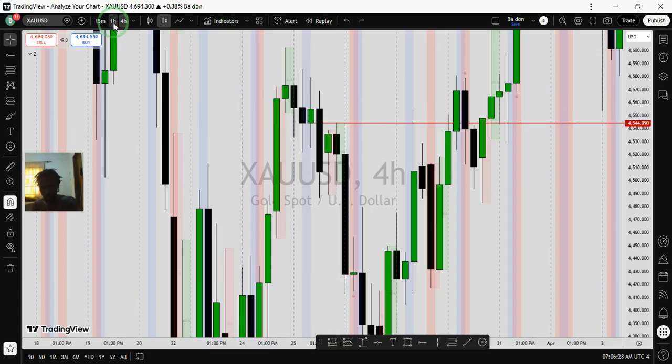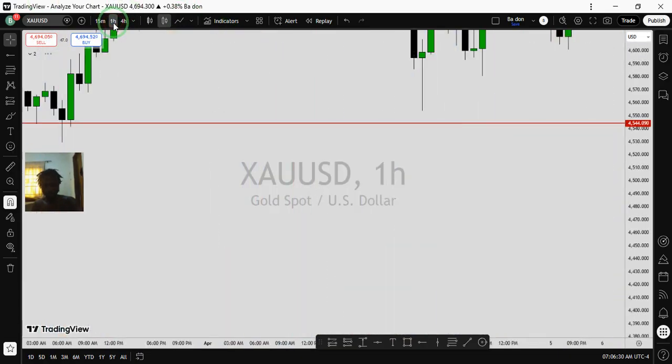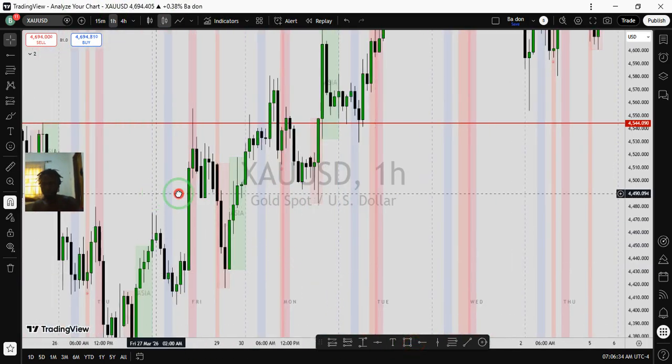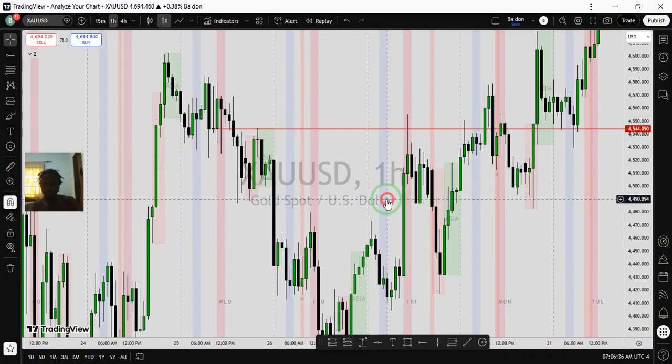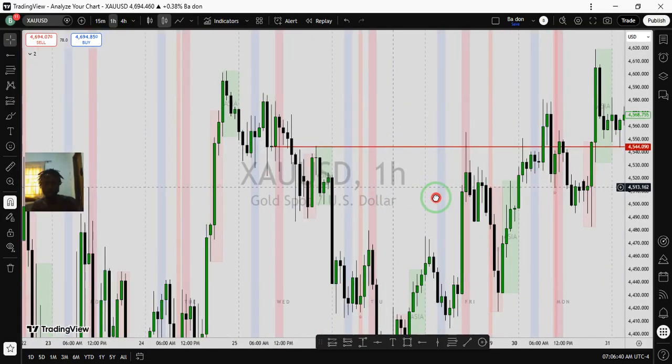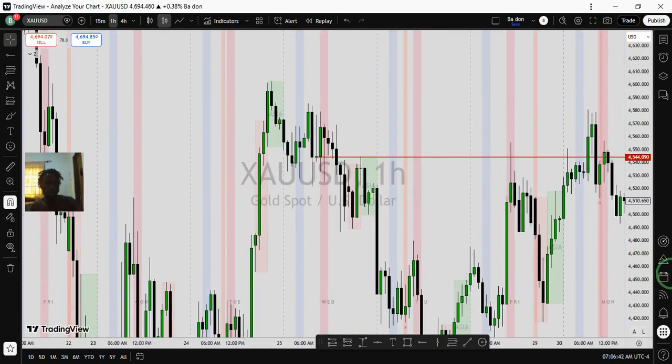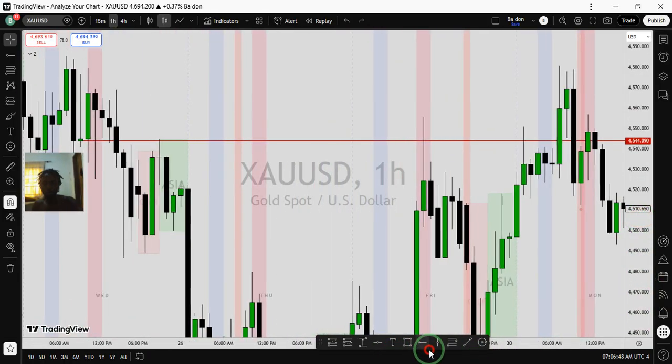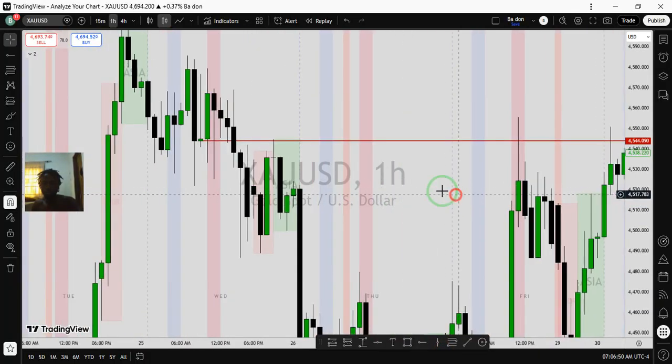And we go down to the 1 hour time frame. Right here you can see how price tapped into the order block on the 1 hour and failed.